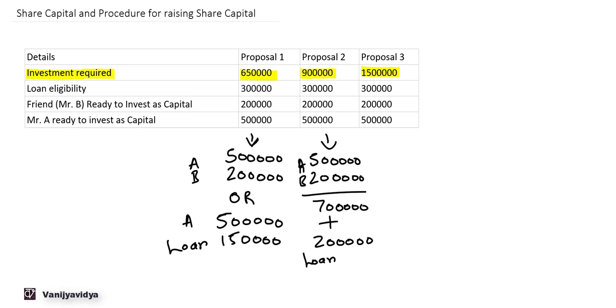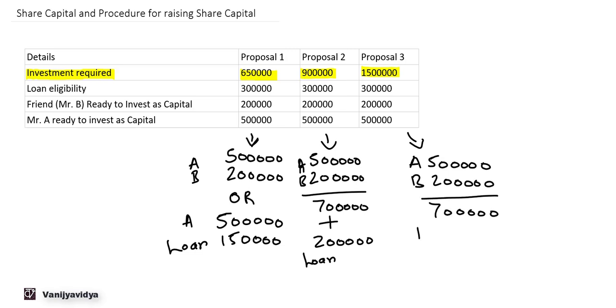Now proposal 3. The investment required is 15 lakhs. A has 5 lakhs, B has 2 lakhs, so that is 7 lakhs, plus a bank loan. The maximum bank loan they can get is 3 lakhs, so the total is 10 lakhs, whereas the investment required is 15 lakhs.